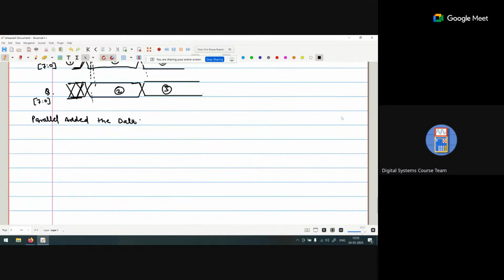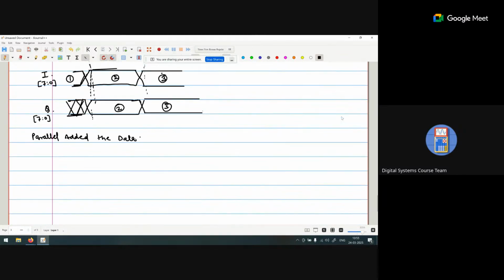Now that definition is completely changed when we go to the serial case. Why is it related?